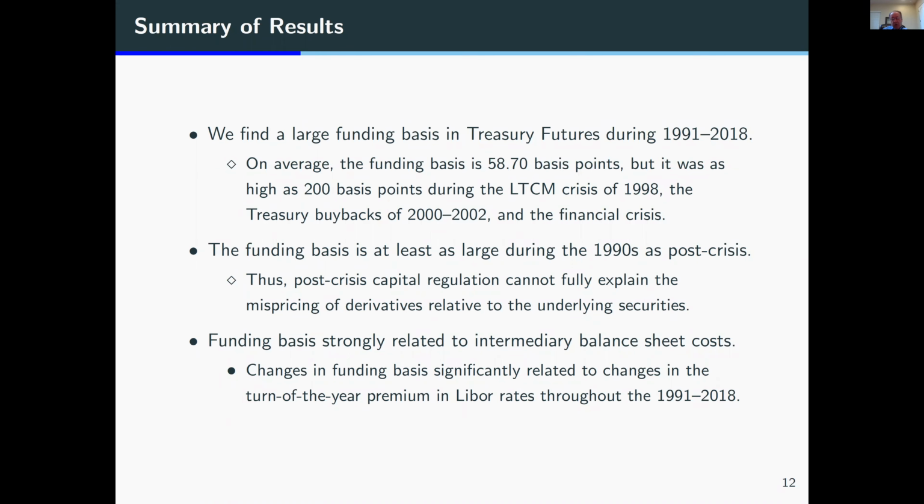Now, we're conjecturing that this is due perhaps to balance sheet cost, and of course we need to now show the evidence. And so we document here, and I'll show you a series of analyses where we show that this funding basis seems to be related to things that are related to balance sheet costs. There's quarterly calendar effects, there's a turn of the year premium.